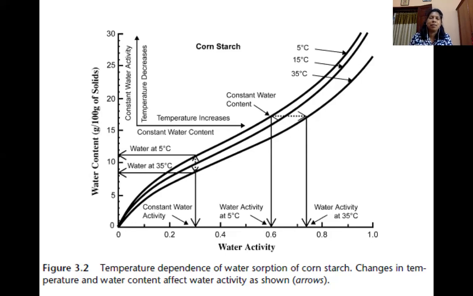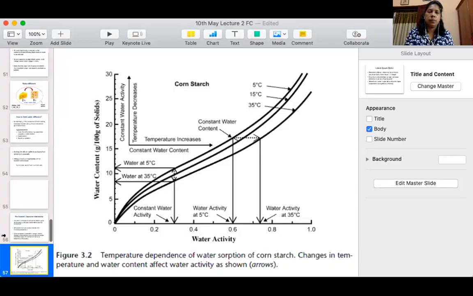Then this graph looks a bit complicated, but it gives a lot of information. Water content is on the y-axis and water activity is on the x-axis, at different temperatures. Now consider water activity nearly 0.3.